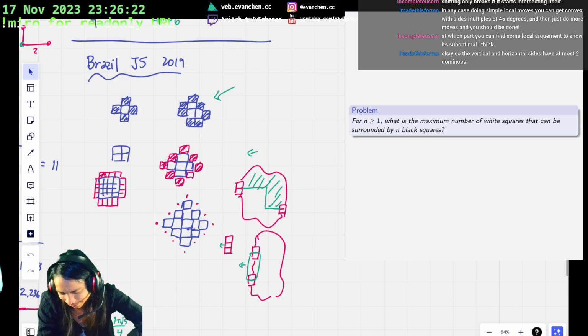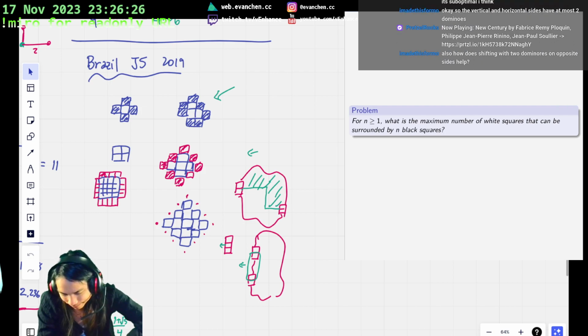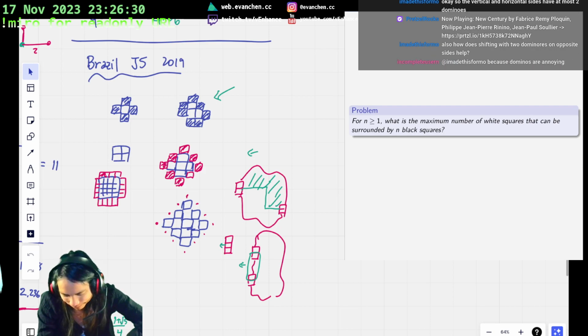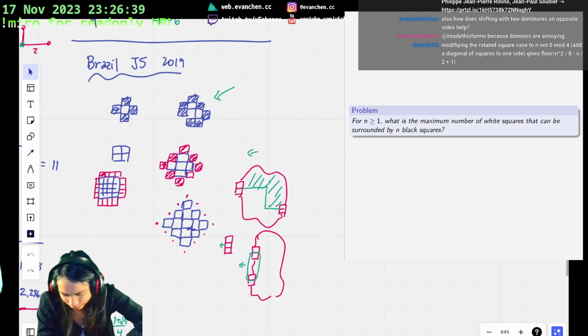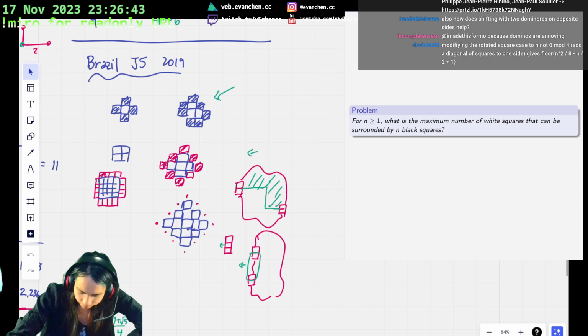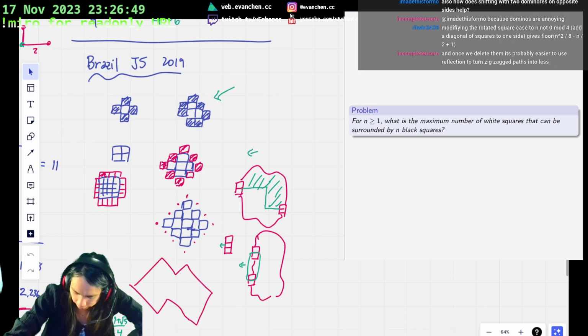Help. So I think what you are trying to tell me is that when you do these local optimizations, it's so constrained that you either have a shape that's actually just something like this, and every time it's not convex, you can flip it and increase the area.